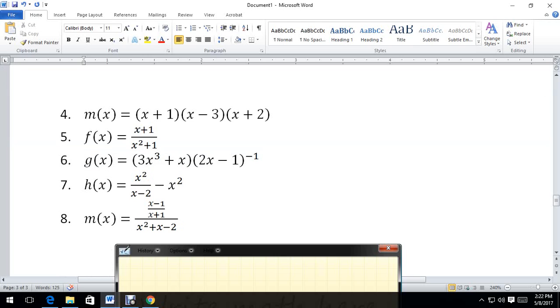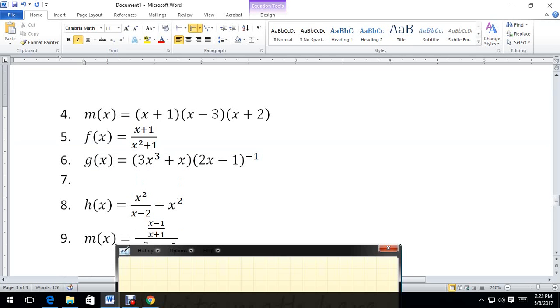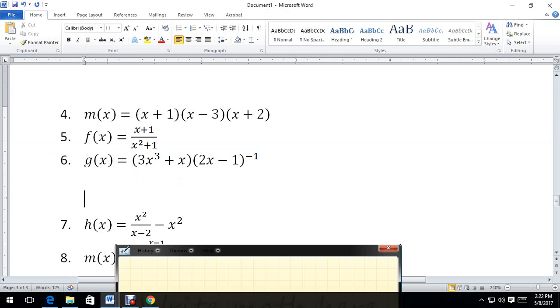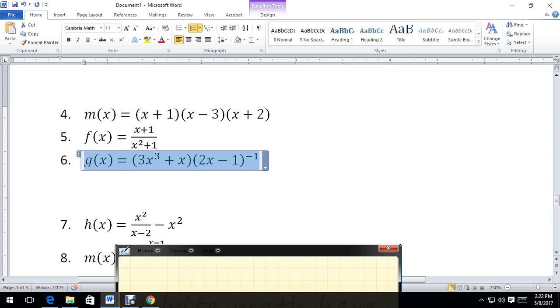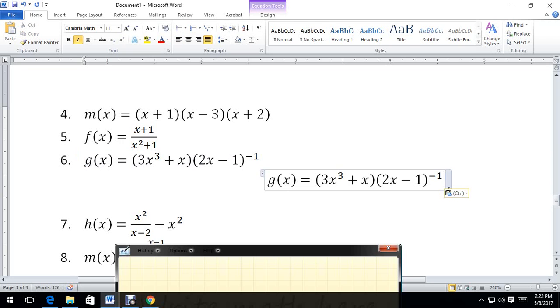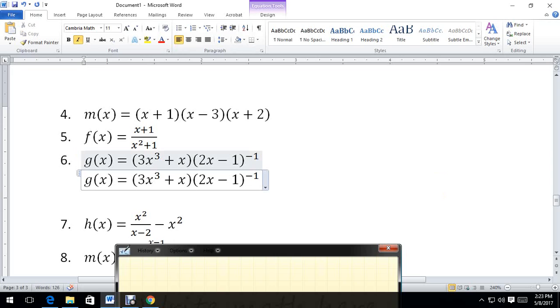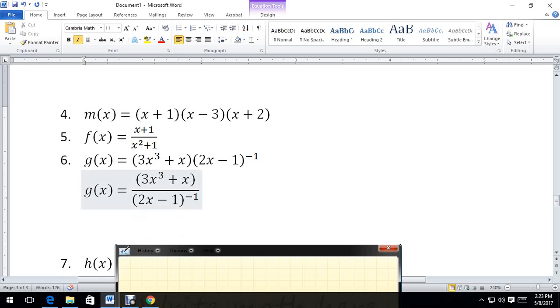Okay, so perhaps we could try another example. Let's try number 6, since this is a quotient. If you cannot see that this is a quotient, perhaps you could see better if we rewrite this in this form. Now, of course, 2x minus 1 raised to negative 1, if you take the reciprocal of this, then this should appear in the denominator.